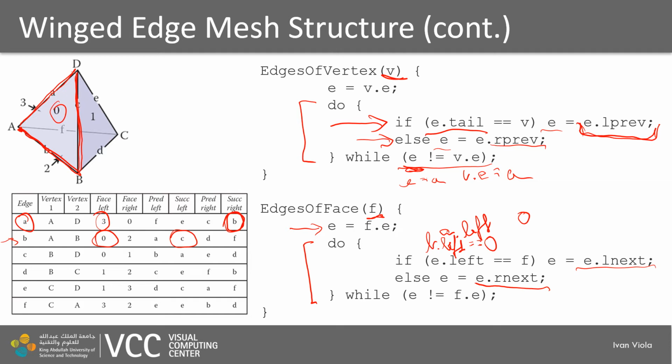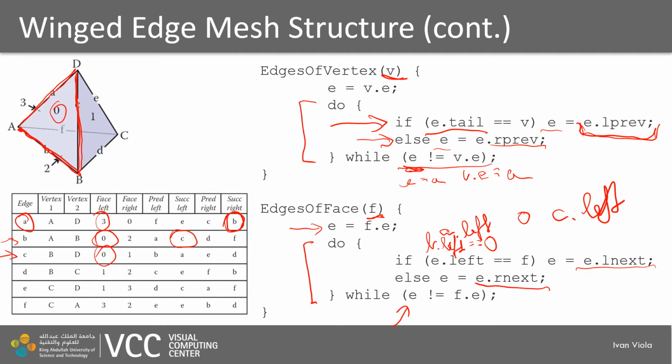And again, once we have the third edge C, we could already know that we have found three, so we could stop. But actually, we can find out whether we will stop at this condition. So C dot left, is it equal to 0? Face left, yes.